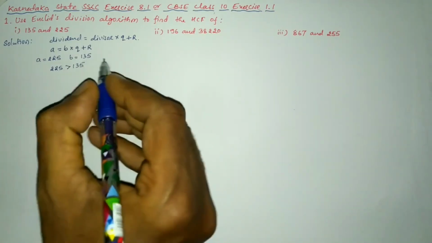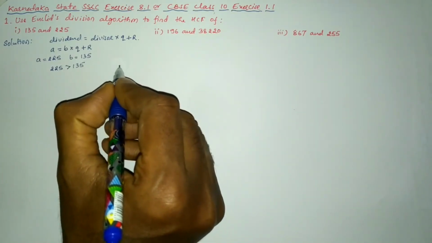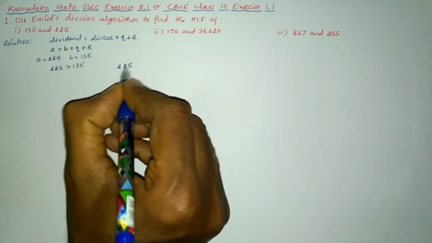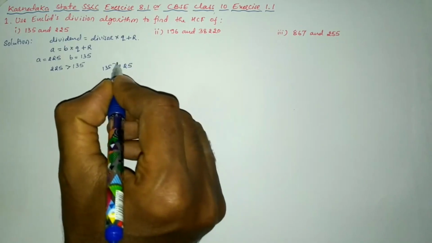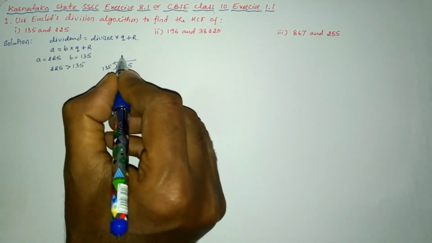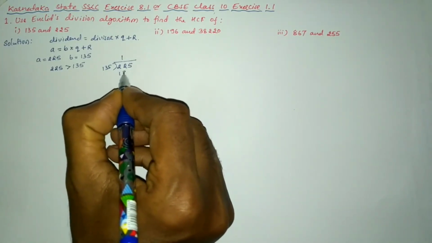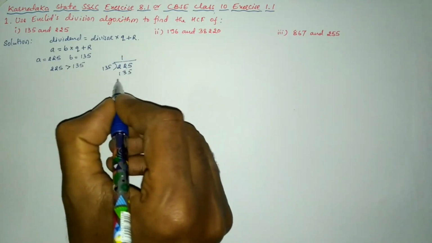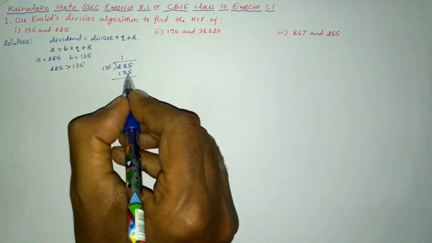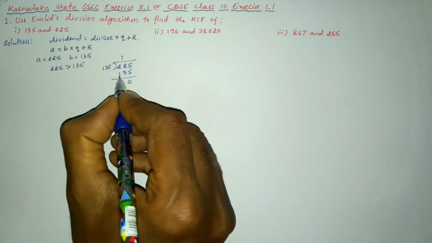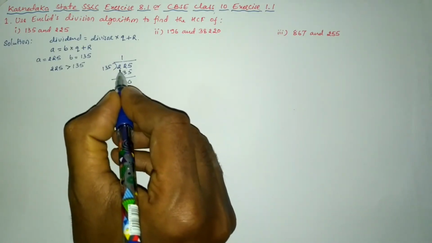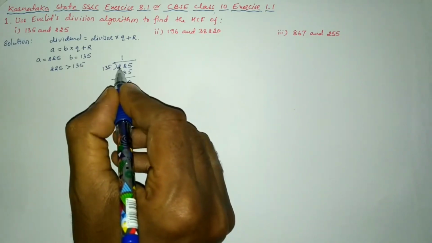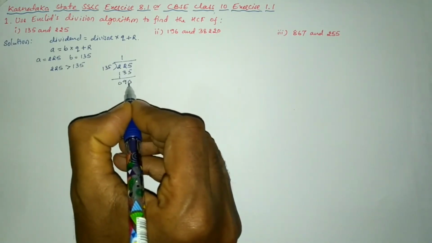So now let us divide 225 by 135. Let us take 225 as dividend and 135 as divisor. 135 ones are 135, and here we'll write 5 minus 5 is 0. Next take carry, 12 minus 3 gives us 9. 2 minus 2 is 0. So this gives us 90.